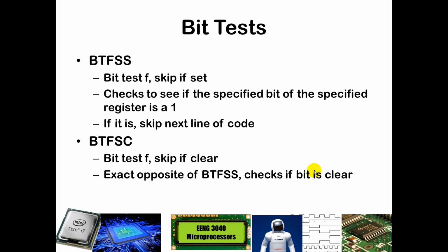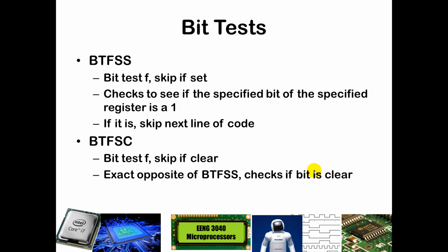We also, just as a mention to introduce one of the things we're going to talk about in that next set of slides, we're going to be using bit tests. So here are two other commands that are very useful to implementing if statements in assembly. BTFSS is short for bit test F skipping if set.